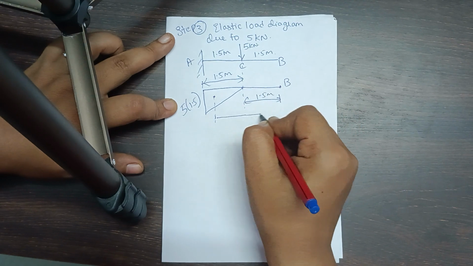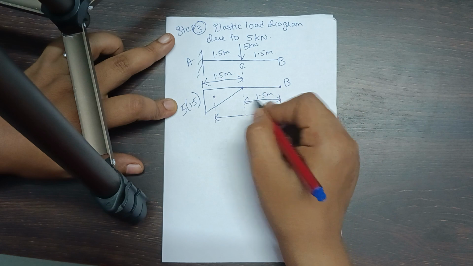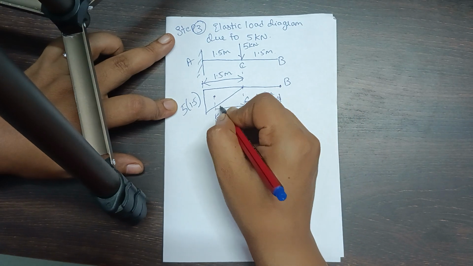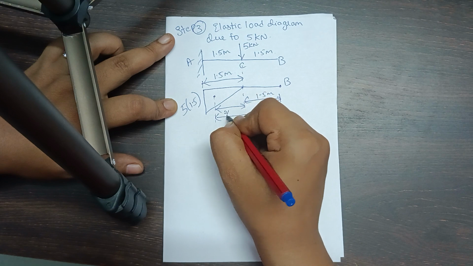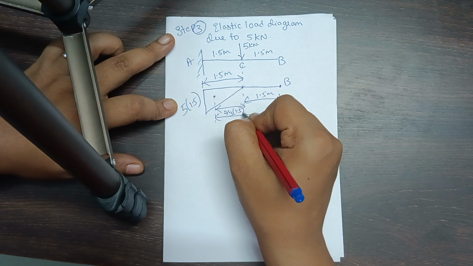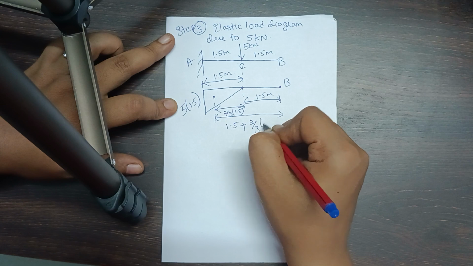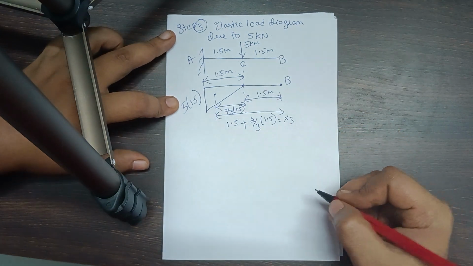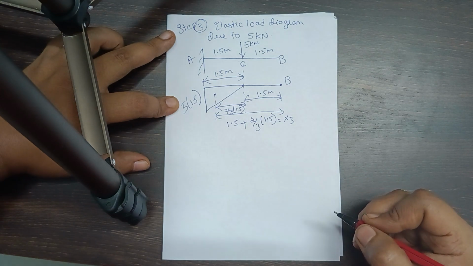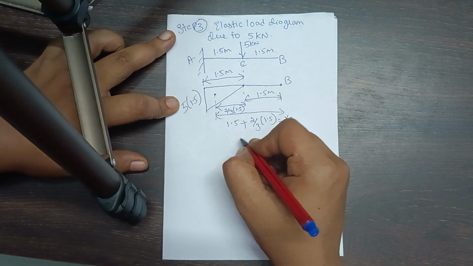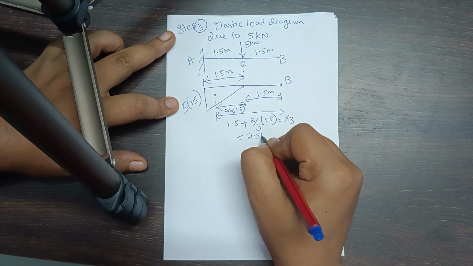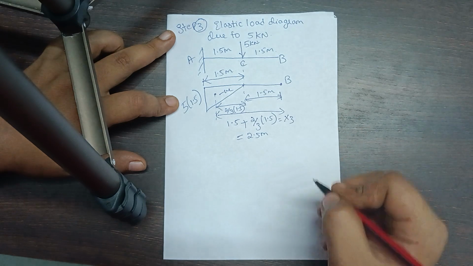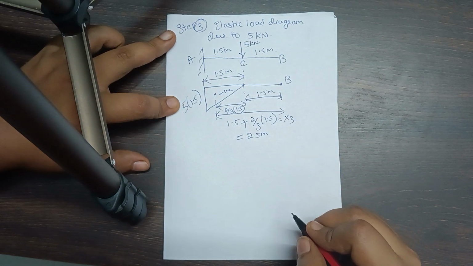So this will be 1.5 plus 2/3 of the base distance. So 1.5 plus 2 by 3 of 1.5 will be equal to the x3 value. It comes out to be 2.5 meters. So this is the value of x3.